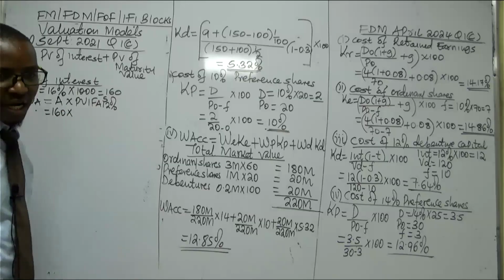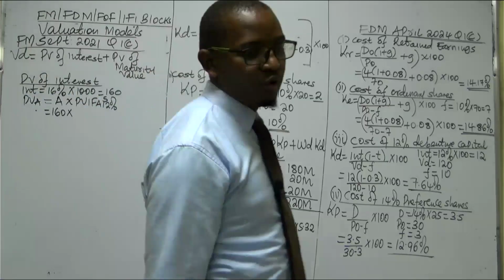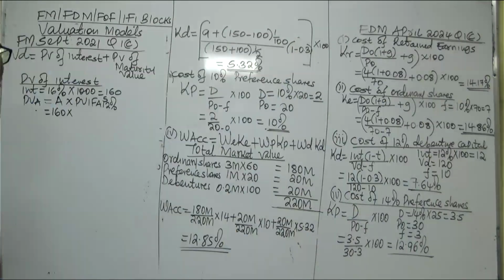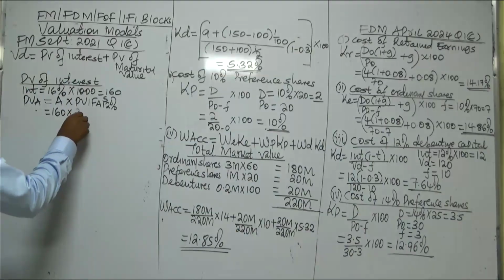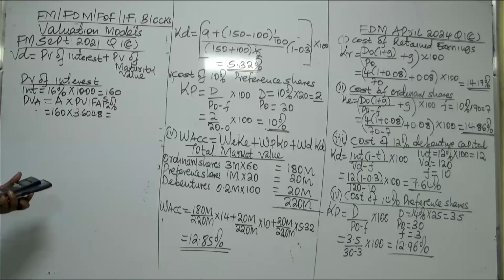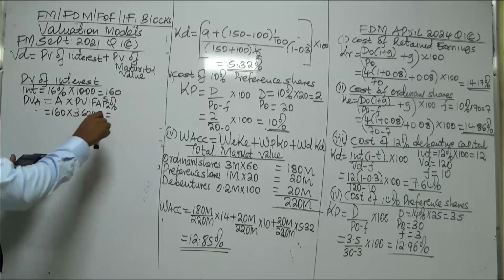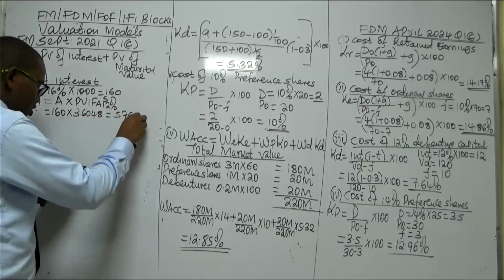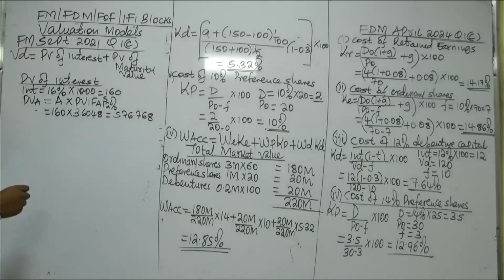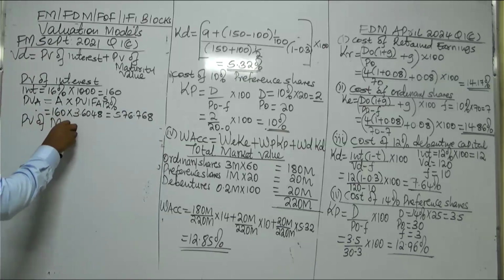You go to the annuity table. Annuity table, I said, is the second table. Check on the 12% in year 5. 3.6048. 160 multiplied by 3.6048. This is 576.768.